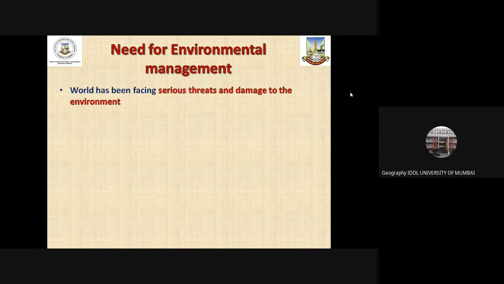It is important to understand why environmental management is required, or what is the necessity of environmental management. In the present times, the entire world is facing serious threats and damage to the natural environment caused by various economic activities like manufacturing industries, agricultural practices, mining, and over usage of resources to satisfy the needs of an increasing world population.